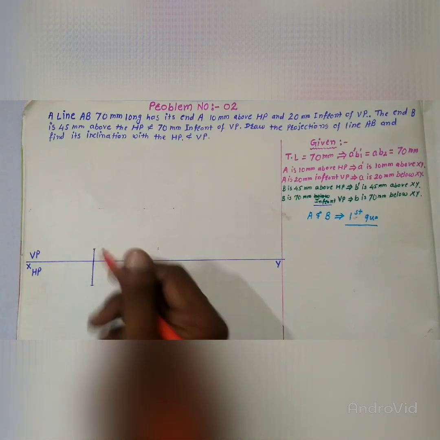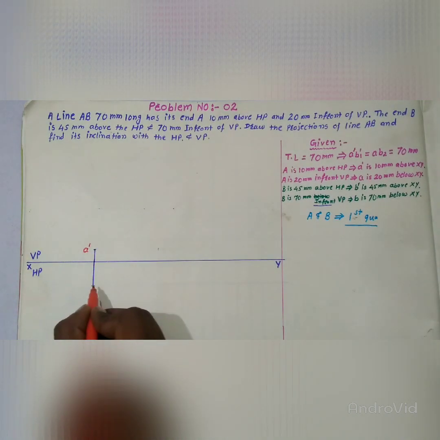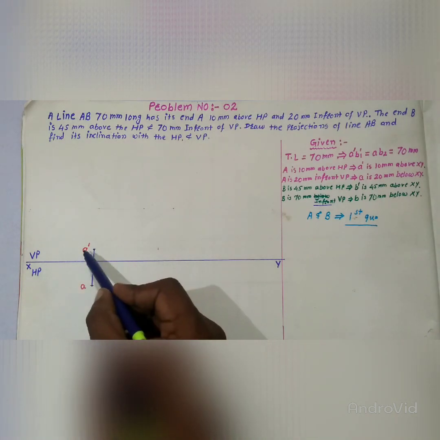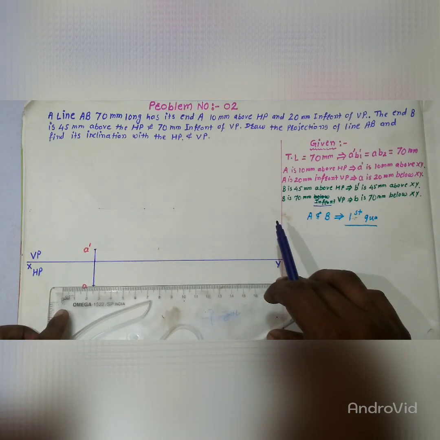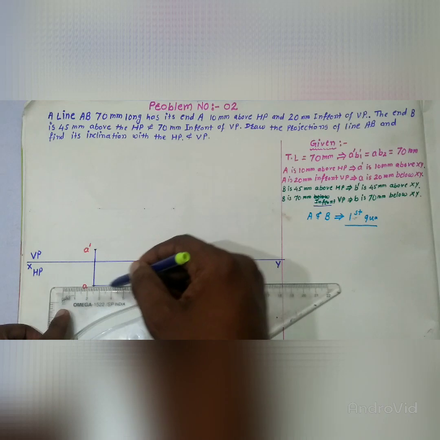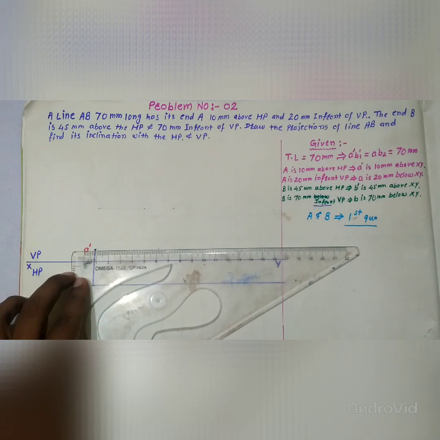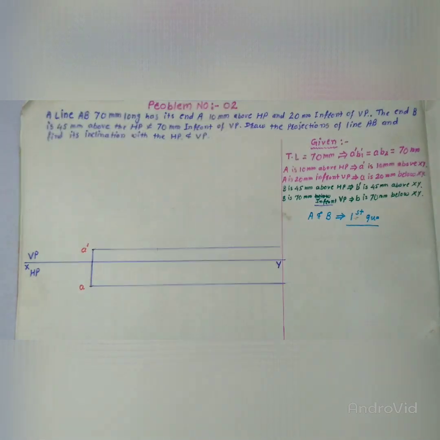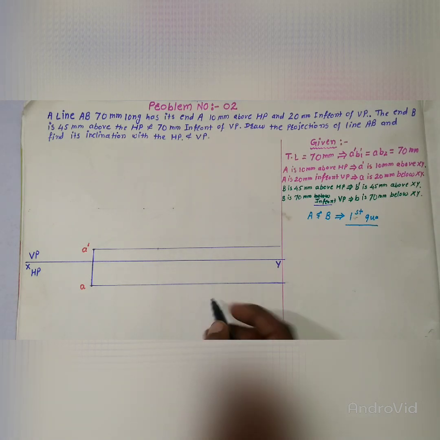So this is our point A dash, and this point is A. When you get points A dash and A, draw a horizontal line parallel to the XY line. This is the locus of A dash, and this line is the locus of A.